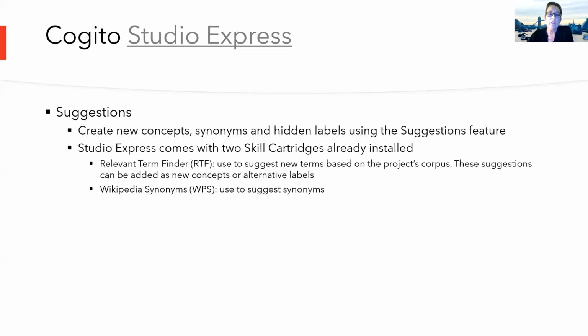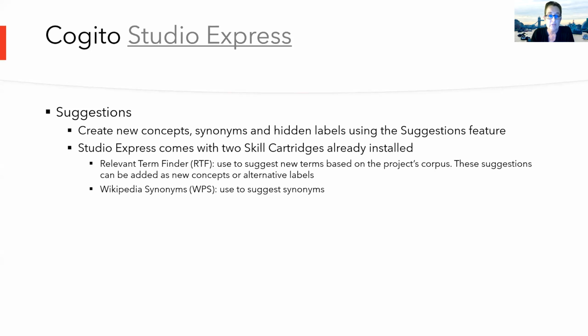When you're building a taxonomy or a thesaurus, you want to add synonyms, alternative labels, and maybe even hidden labels that are just common misspellings, but to do that by hand can be very laborious, especially the bigger your taxonomy is. What Studio Express does in the suggestions feature is come with what they call skill cartridges, which are already installed.